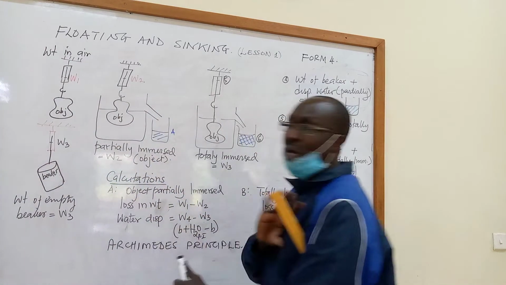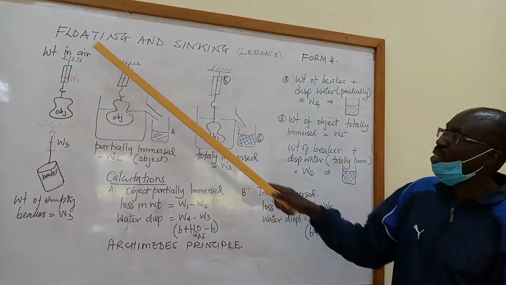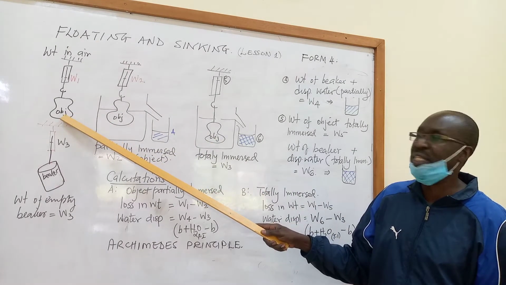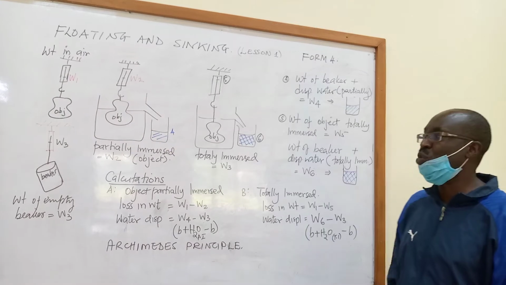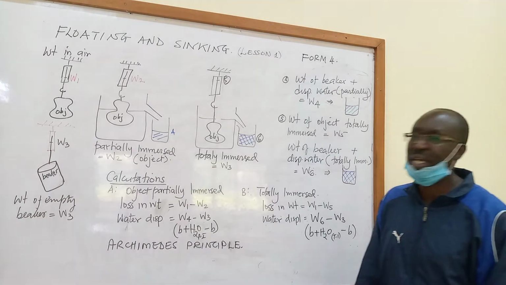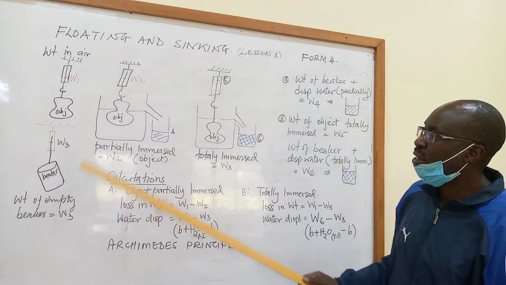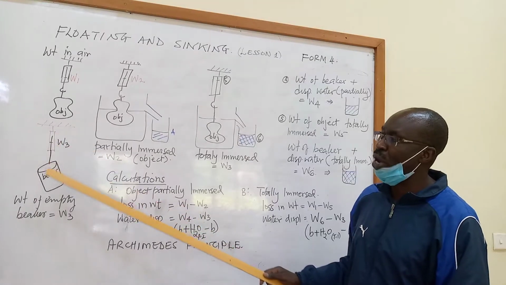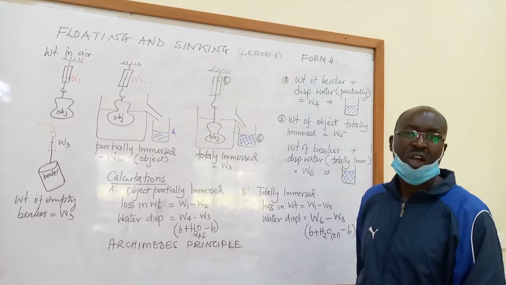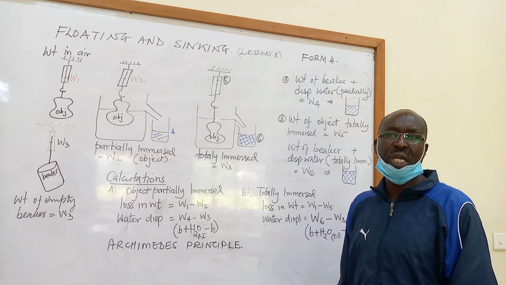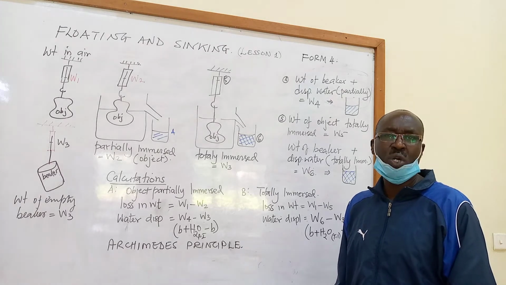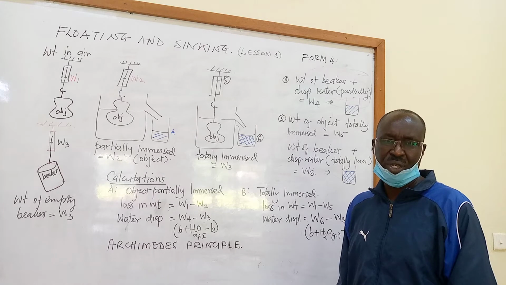You can get the weight of an object like this in air and note its weight as W1. And then you need to weigh a beaker or a container which will collect water displaced.